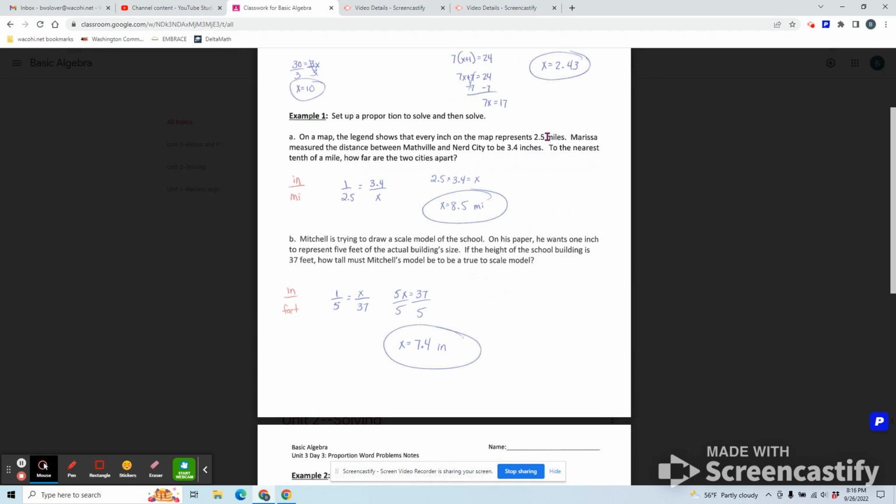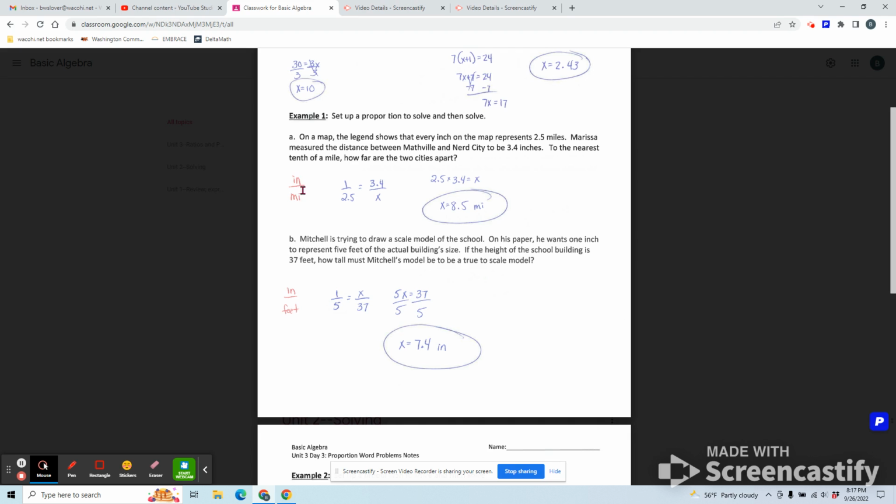That's probably important. She measured between the two cities that it was 3.4 inches. It doesn't matter what the name is. It wants to know how far the cities are in miles. So we're comparing inches and miles.